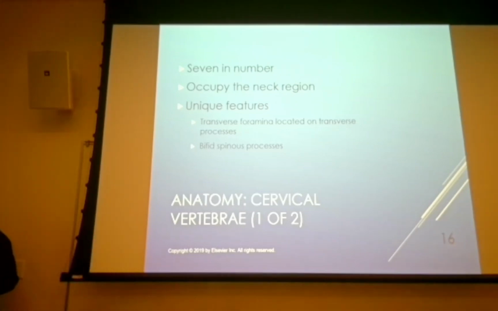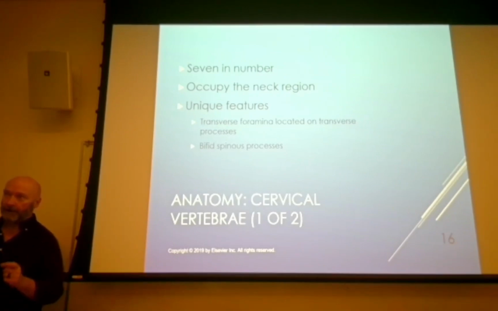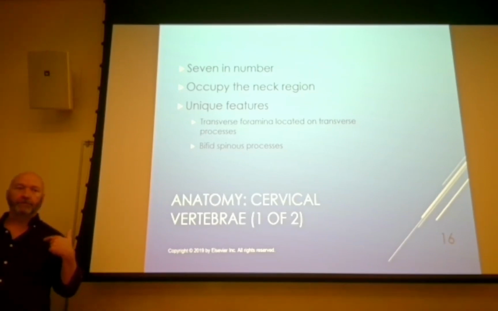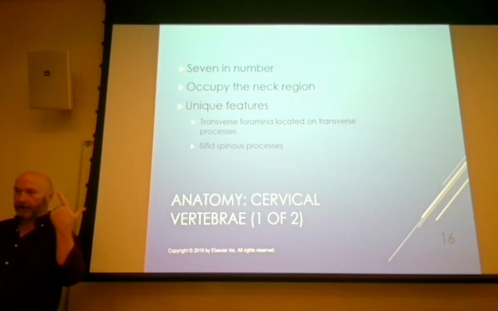The other thing is that it's got a transverse foramina. This is not the same thing as the intervertebral foramina. This is the foramina in the transverse process, so that the vertebral artery can get up into the brain.